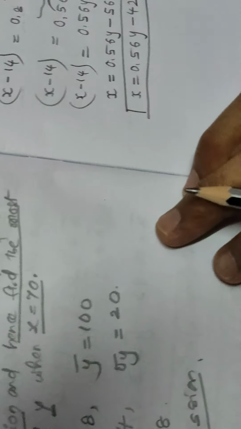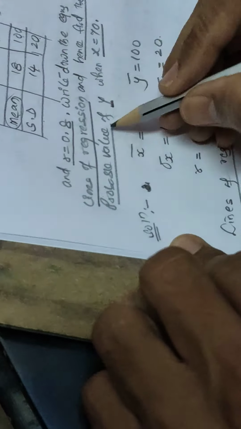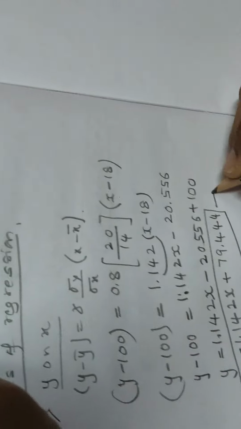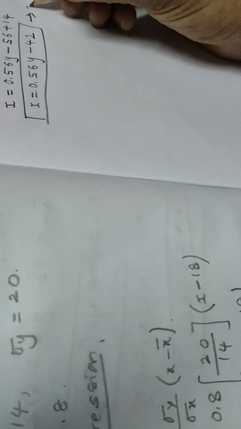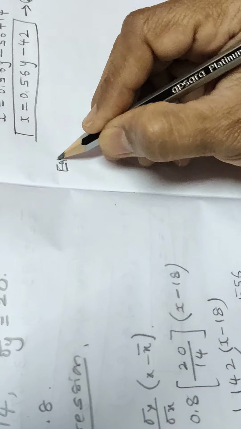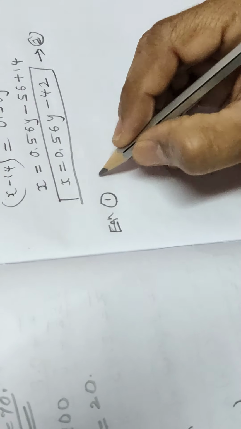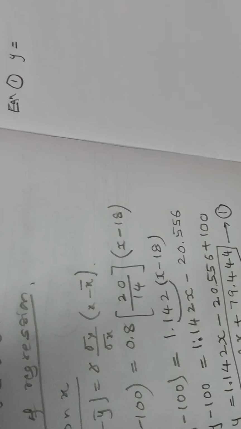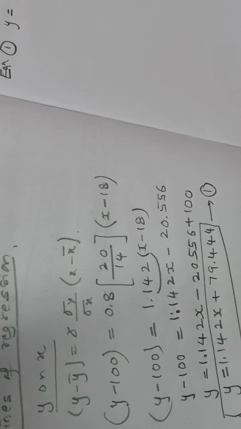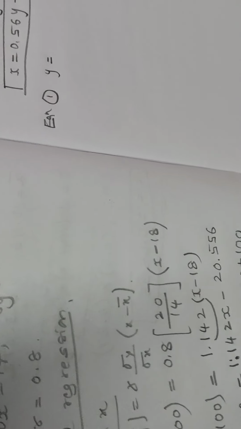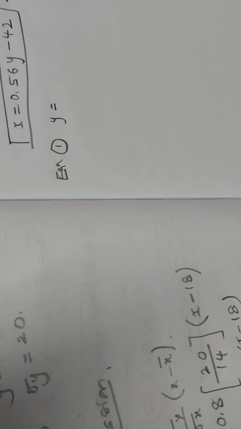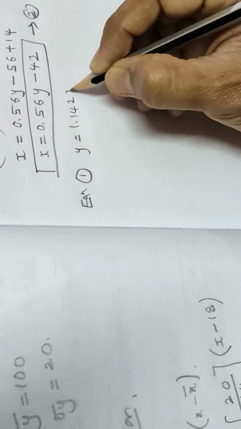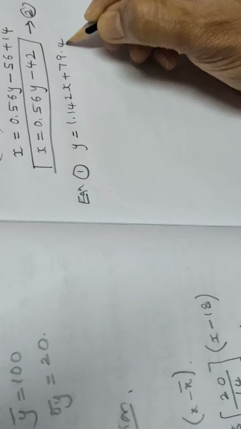You see the question which I want here: you should find the value of y when x is equal to 70. I'll call this equation number 1, and this equation number 2. I'll take equation number 1 first, that is y is equal to 1.142 x plus 79.444.